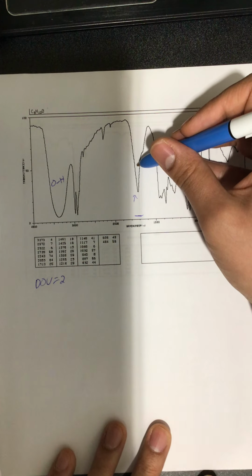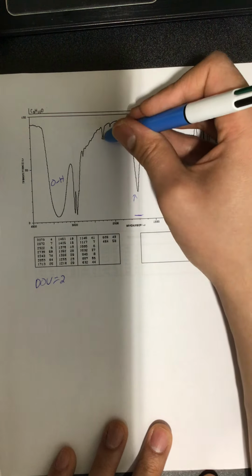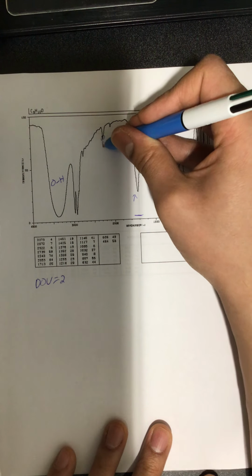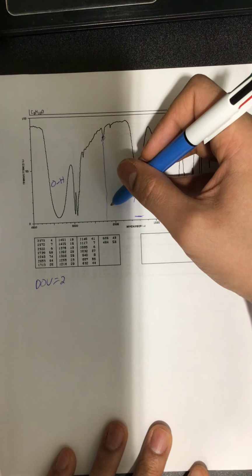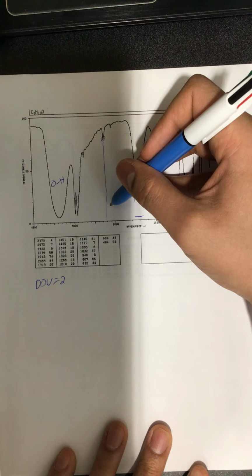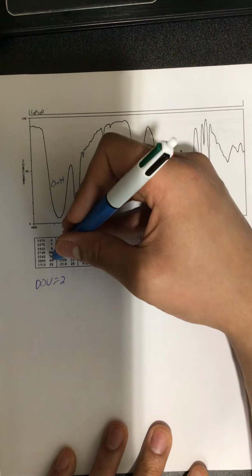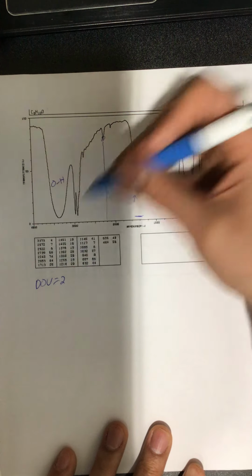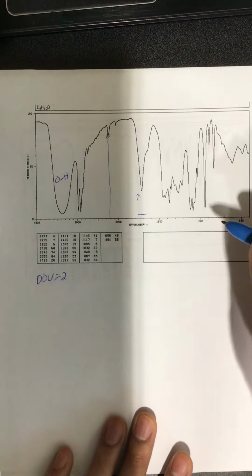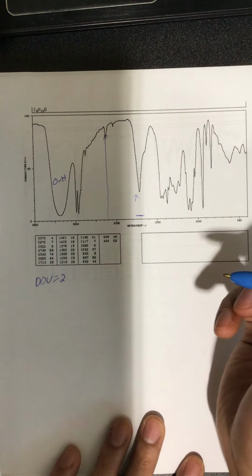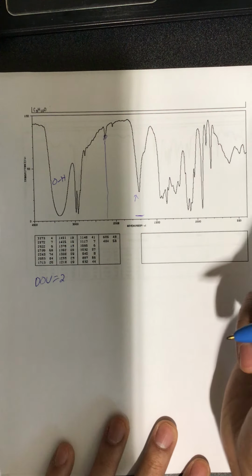We got 2 degrees of unsaturation. And then I got this little peak here, maybe like 2200? So I think this molecule either has 2 rings in it, or it has an alkyne in it.